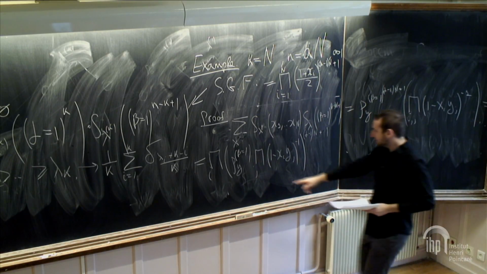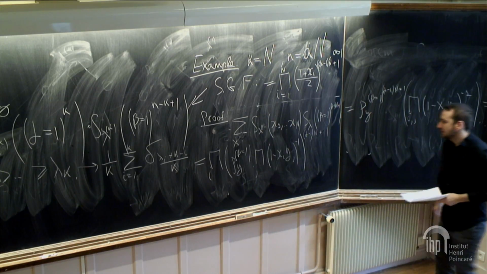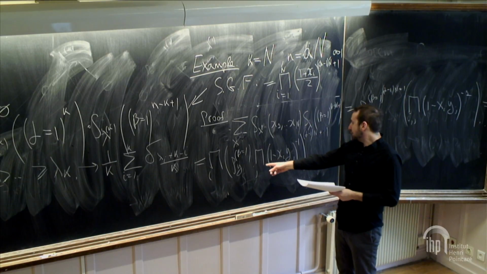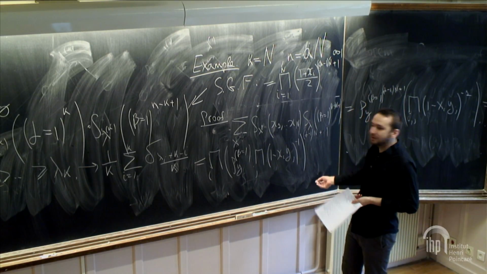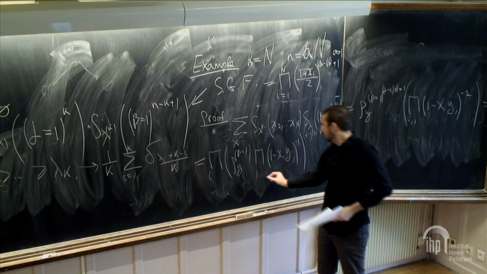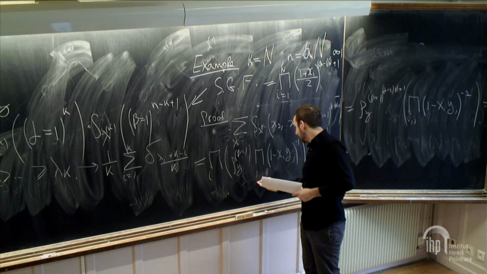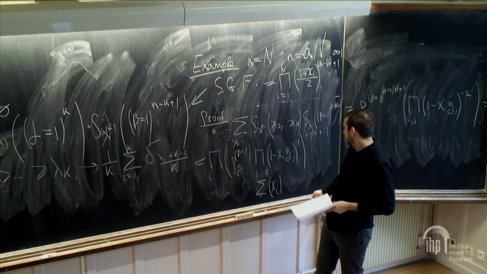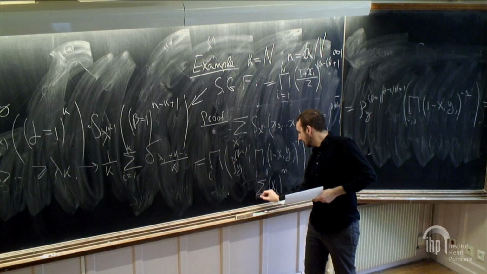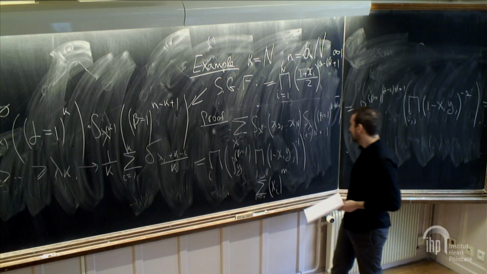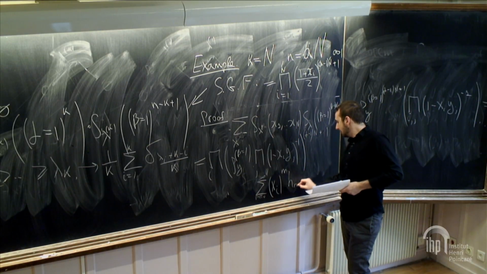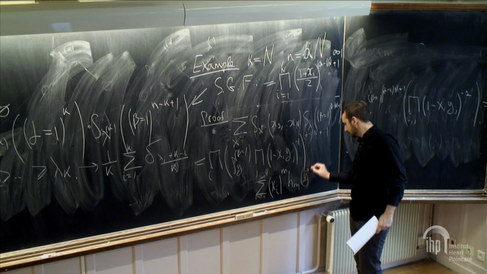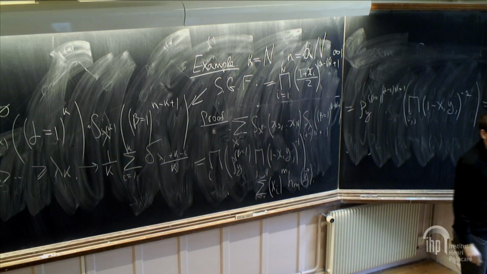OK, so it just remains to compute this thing. OK, how do you compute this thing? Well, this product, 1 minus xi yj, it can be decomposed into a sum. So this is a sum of xi to the m, m goes from 0 to infinity, times the mth complete symmetric function in y's.